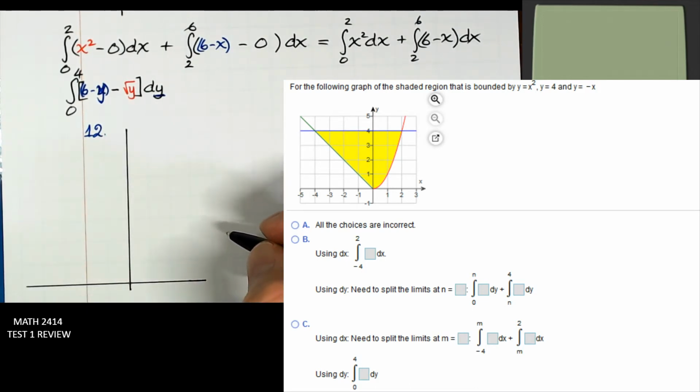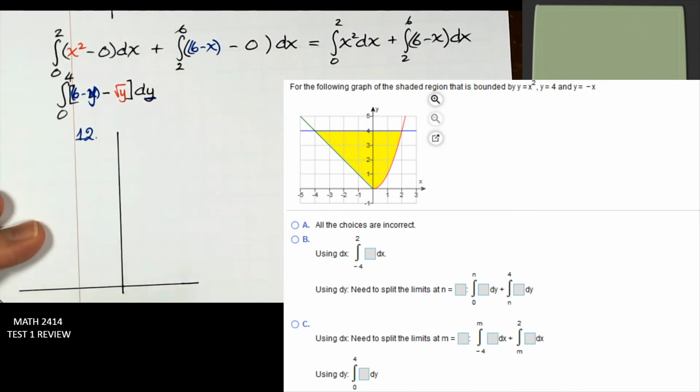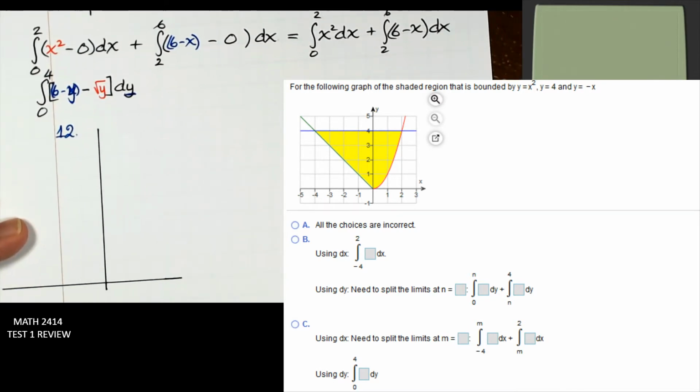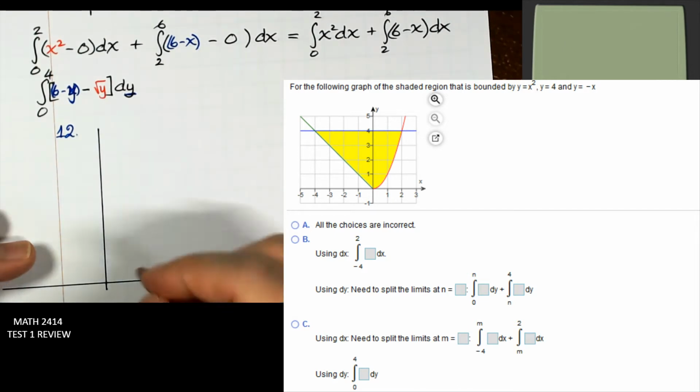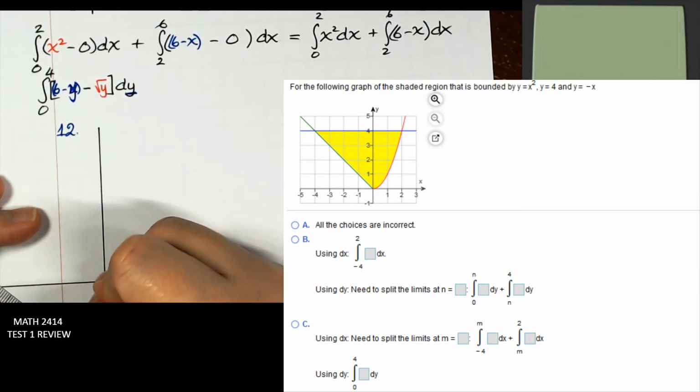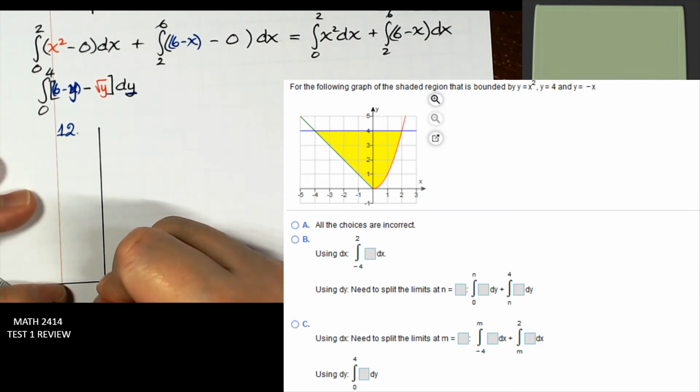Right, y equal to x squared, that is the problem. Yeah, sorry, that's a little not as okay.